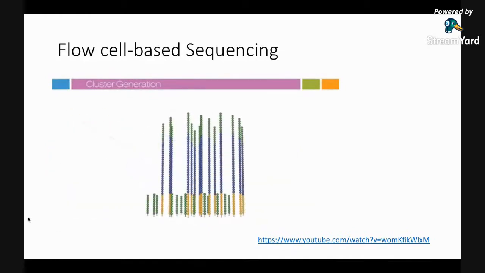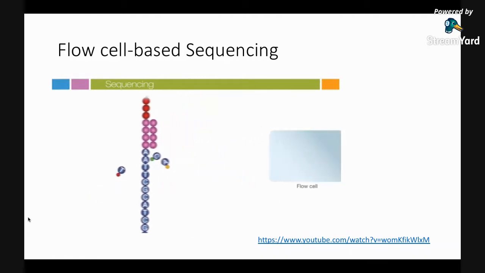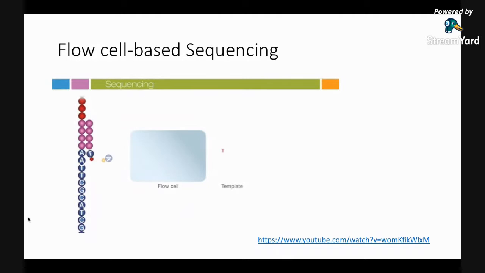The three prime ends are blocked to prevent unwanted priming. Sequencing begins with the extension of the first sequencing primer to produce the first read. With each cycle, 4 fluorescently tagged nucleotides compete for addition to the growing chain. Only one is incorporated based on the sequence of the template.